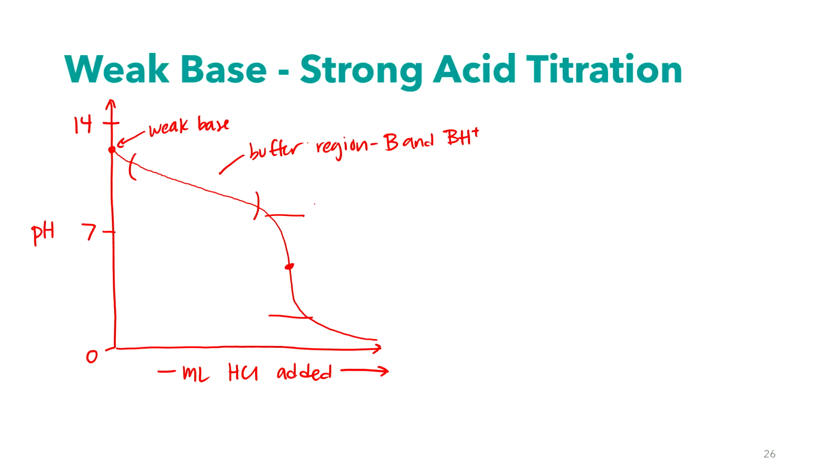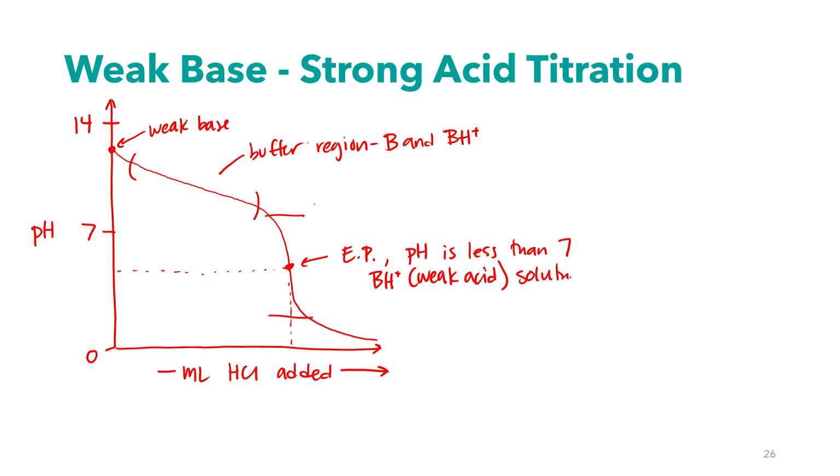And I've drawn with care that my equivalence point pH is less than 7. Because at this equivalence point, I have generated a solution of just BH plus, which is a weak acid. So I should have a pH less than 7.